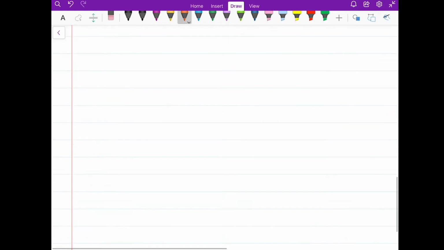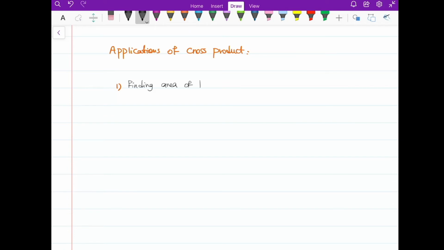So let's go over some applications of cross products. First, I can use them for finding area of triangles in a space.